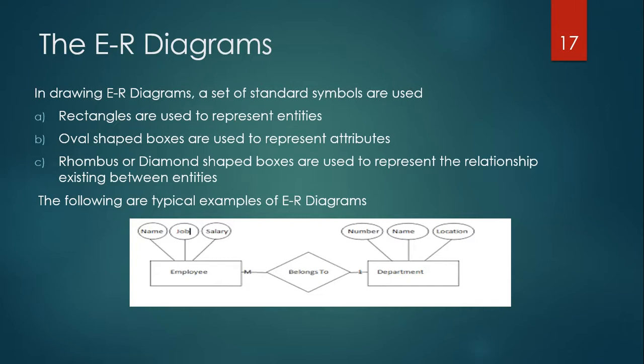So in drawing ER diagrams, a set of standard symbols is used, and the symbols cannot be changed. Rectangles are always used to represent entities. Whereas for attributes, for each entity we will be having a number of attributes, so for representing the attributes, we use oval shaped boxes. Then rhombus or diamond shaped boxes are used to represent relationships.